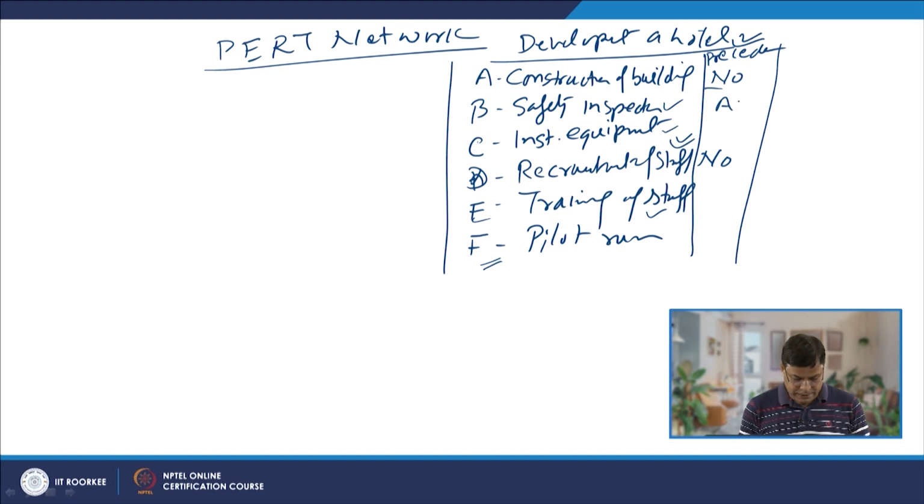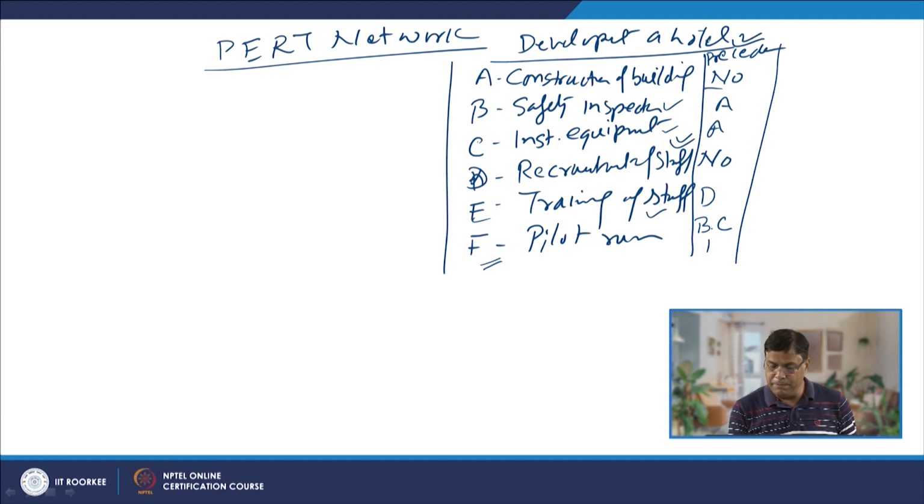Likewise, the equipment can be installed only if the building is completed, so that the equipment can be housed. Once the manpower has been recruited, its training can start, so the precedence for activity E is D. Then the pilot run can be done only if the safety inspection is done, the equipment has been installed, and the manpower has been trained.